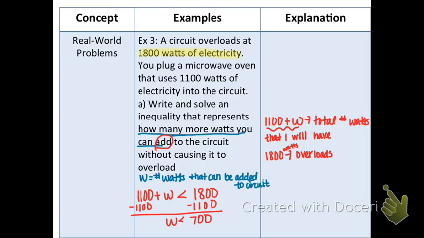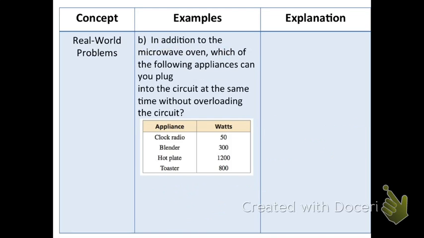Okay, so there actually is a second part to this problem, but I have to move to the next slide because I ran out of space. So we're still on the watt oven problem. In addition to the microwave oven, which of the following appliances can you plug into the circuit at the same time without overloading the circuit?